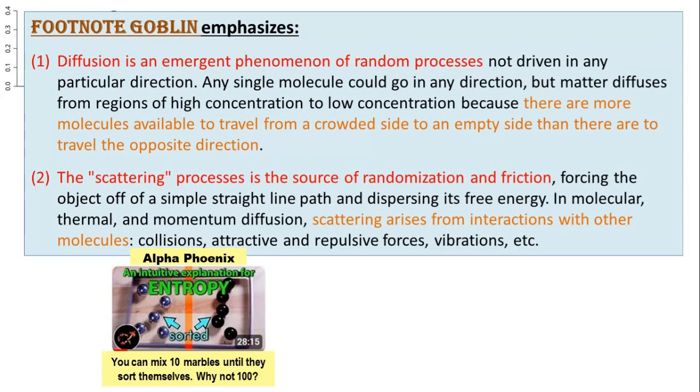It arises entirely from random processes, not driven in any particular direction. Any single molecule could go in any direction, but matter appears to diffuse from regions of high concentration to low concentration because there are simply more molecules available to travel from a crowded side to an empty side than there are to travel the opposite direction.